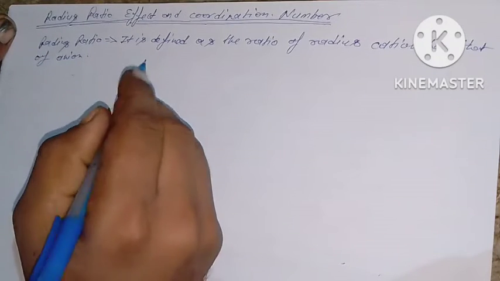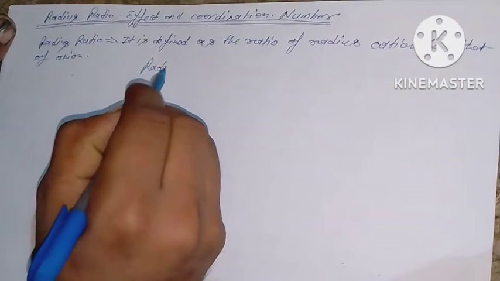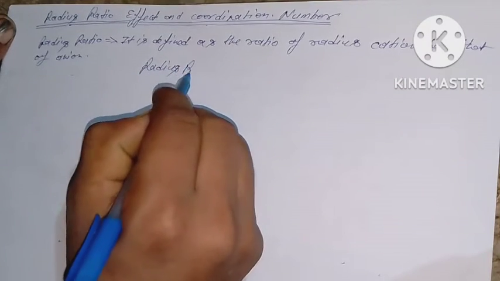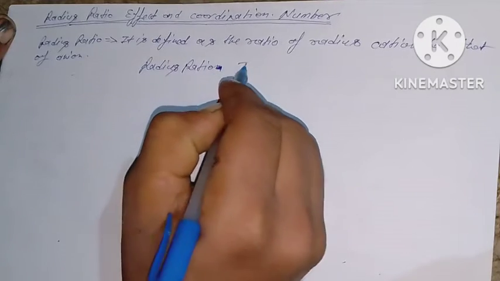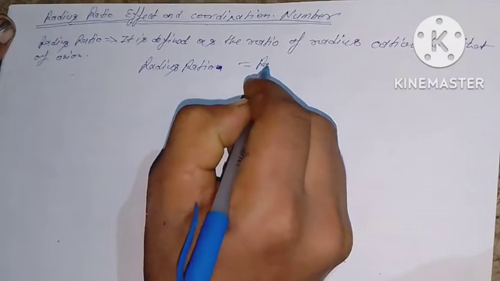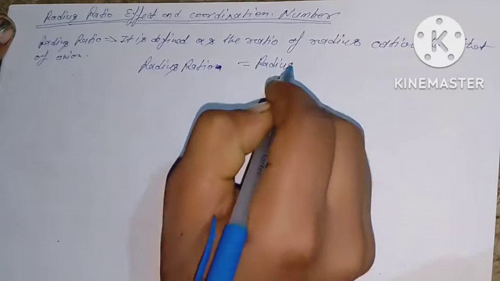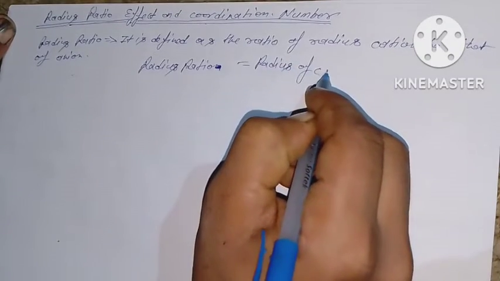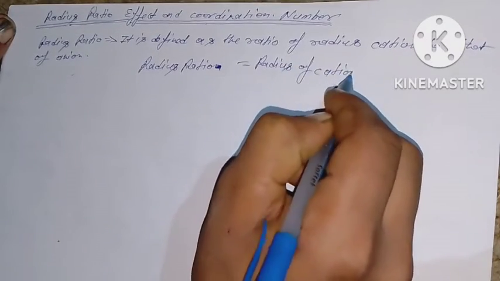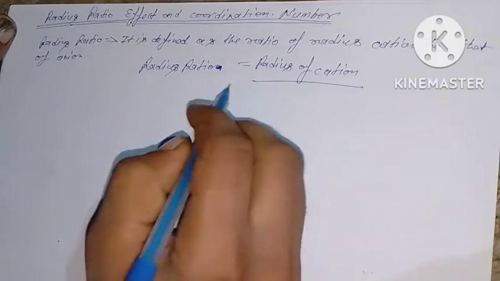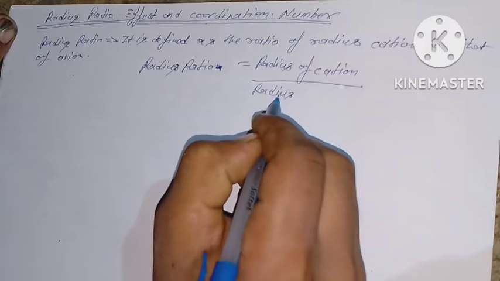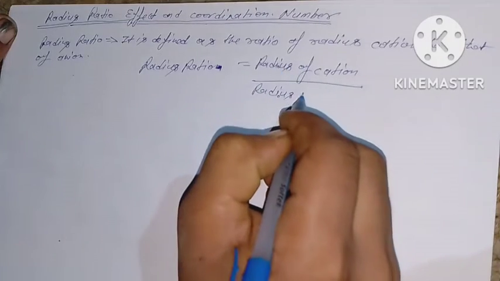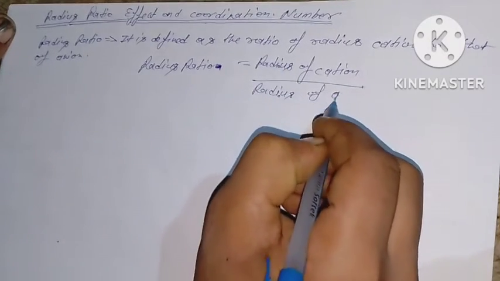Okay. Radius ratio is equal to radius of cation whole upon radius of anion.